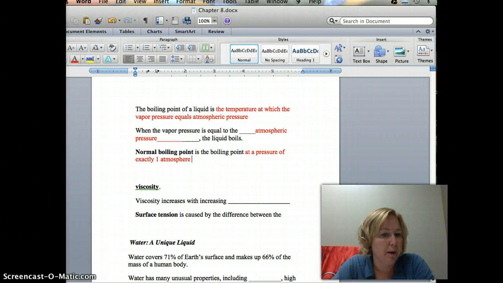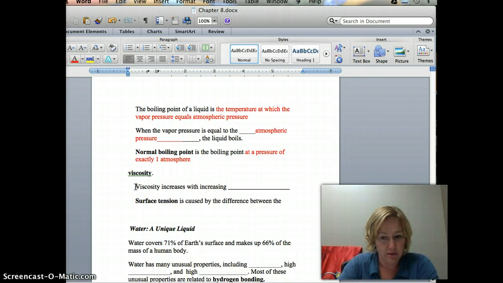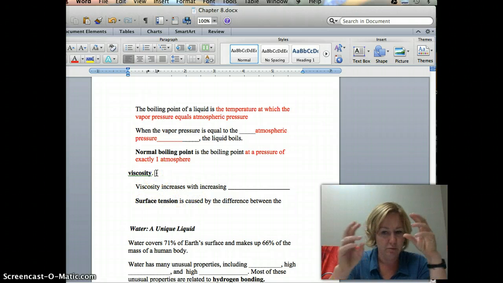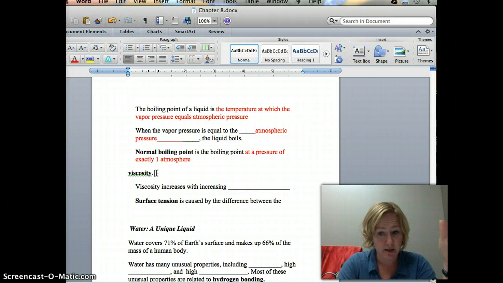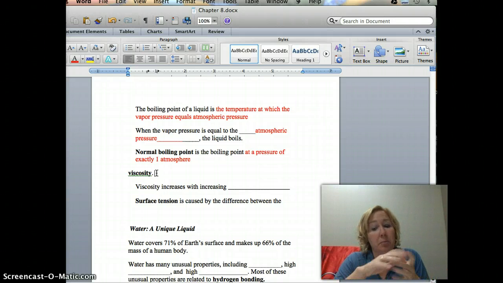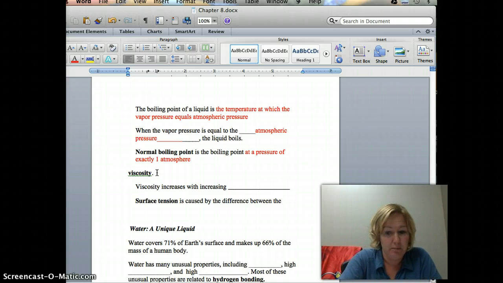We get it, right? Boiling point, atmospheric pressure. Molecules are moving around, not as fast as in a gas, right? This is not gas, this is liquid. We've slowed them down a little bit, but they're still moving around and things escape. We can make that happen quicker by raising the temperature, and it happens differently in different liquids.